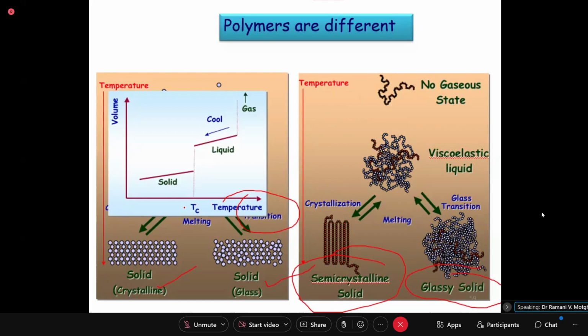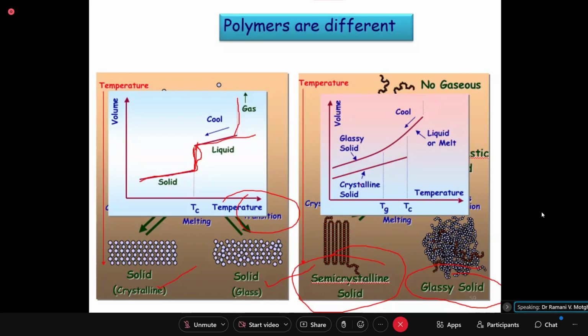So in such a case, this is your solid and this is the liquid part, and this is the transition temperatures. Here, the crystalline solid phase is here. An amorphous polymer will show a TG. Then the melting point, and what you find here is the state changes, such kind of thing.